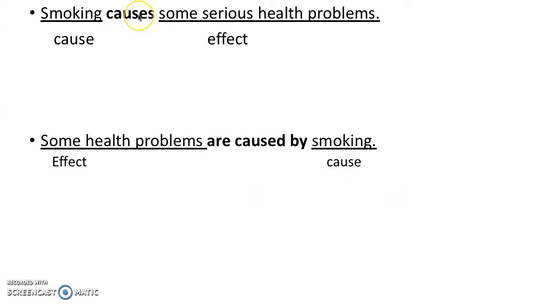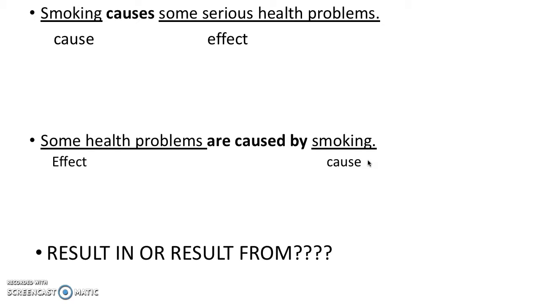When we have cause as a verb, we have the cause first, so smoking, causes, and then the effect, some serious health problems. But when we use cause in a passive sentence like this, we take the effect to the subject position. So we have the effect, some health problems are caused by, and then the cause. Okay. If you want, you can pause the video here and note down these two sentences.